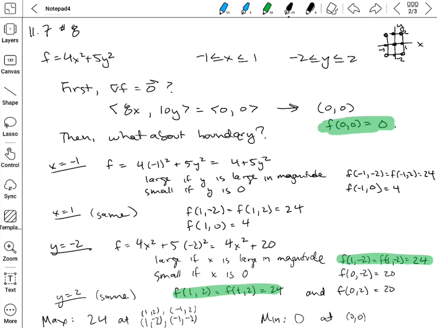And so the way this shape looks is that it's actually going to be kind of a bowl shape. So up in z, with axes x, y, z, it's the smallest at (0, 0), and then it goes up.